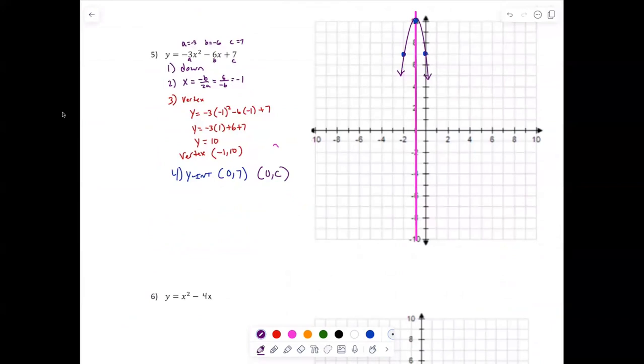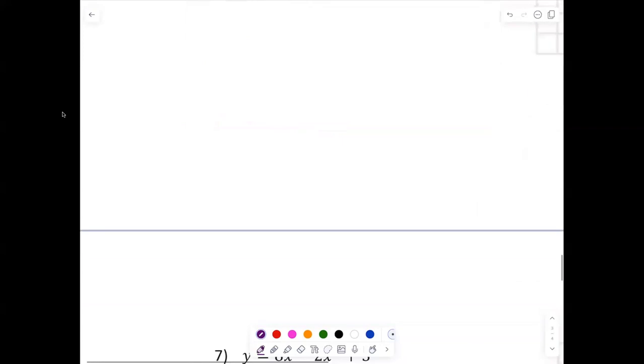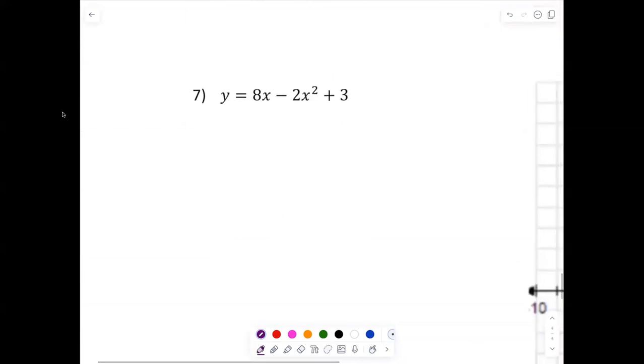Everybody look at number 6, because you're going to do these on your own. Number 6, what's the c value here? 0. What's a? What's b? -4. Go to number 7. What's a? -2.